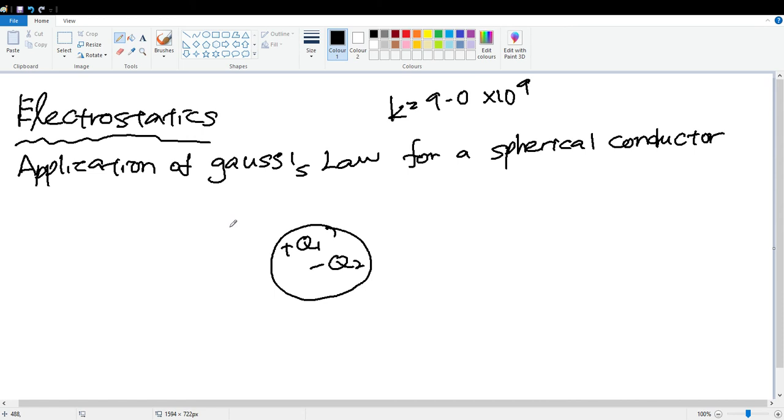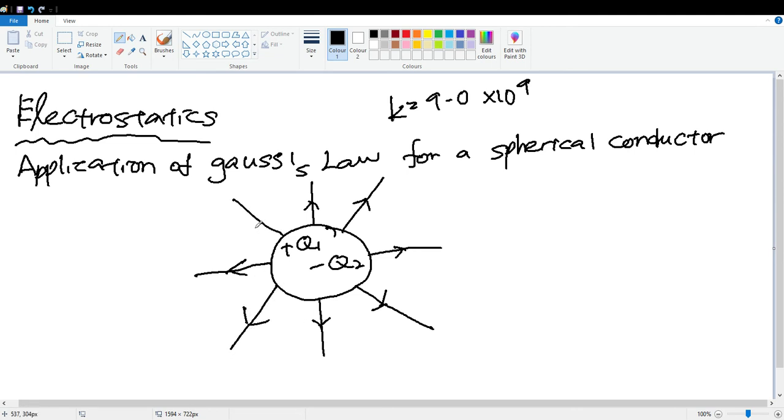Same principle, this spherical conductor will produce electric field lines. Consider the electric field lines pointing upwards and outwards, and the net charge is still positive. Between this region of the electric field, there is a Gaussian surface.